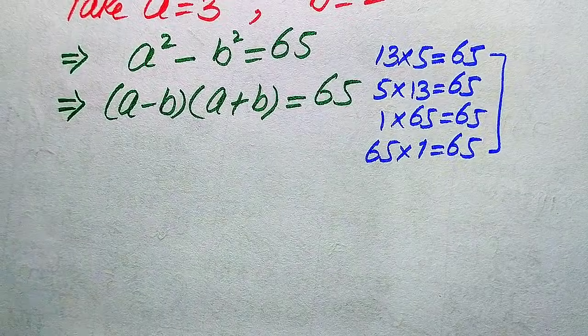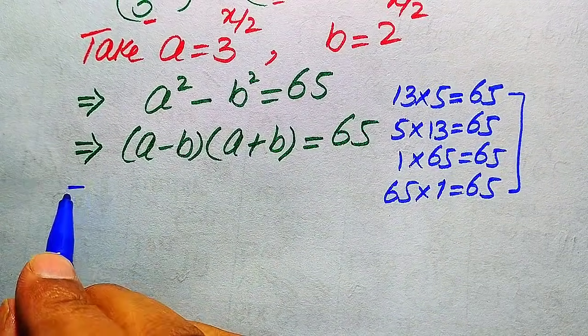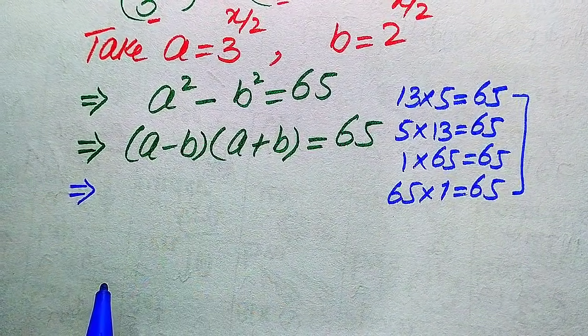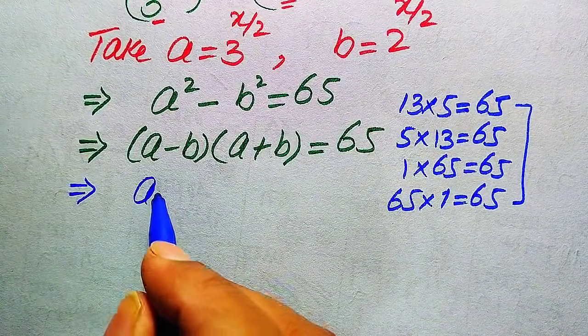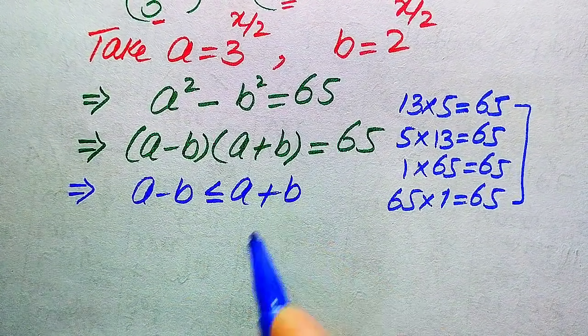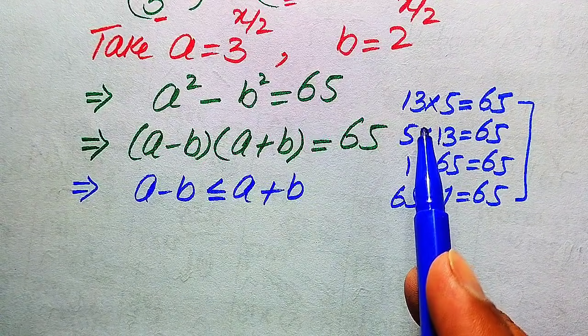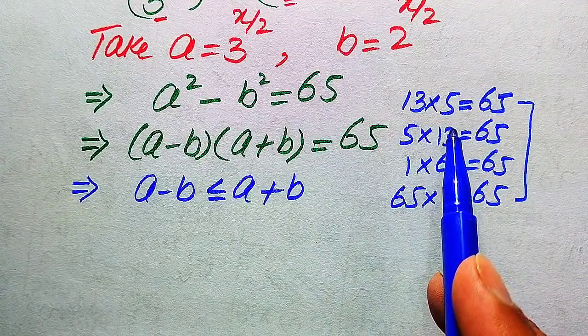Okay, so here we have these four possibilities, and now if we make the relation between these two factors, you see that a minus b is always less than a plus b. Okay, so here we need to choose those factors in which the first factor is less than the second factor.